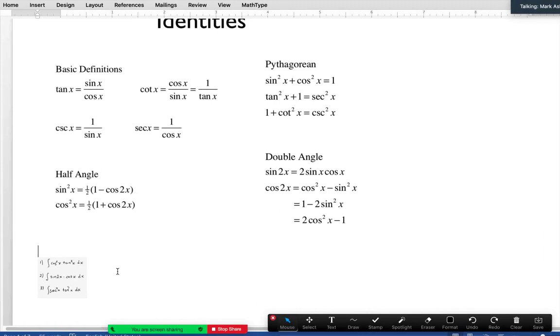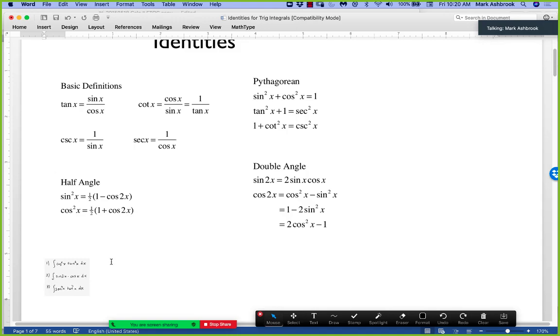What is that? Cosine squared times tangent squared. So we want to use identities and algebra to simplify this. So what do we notice? What is tangent squared the same as?